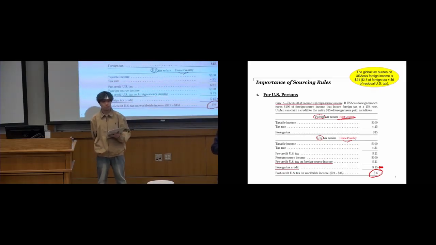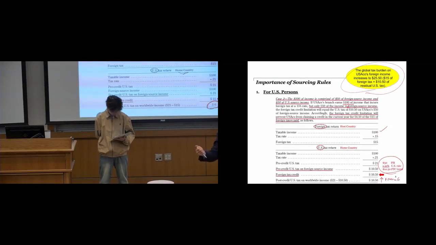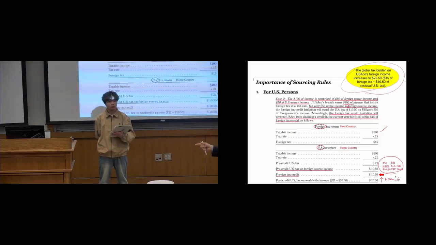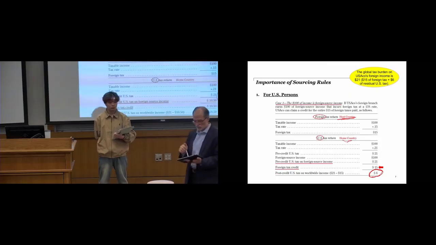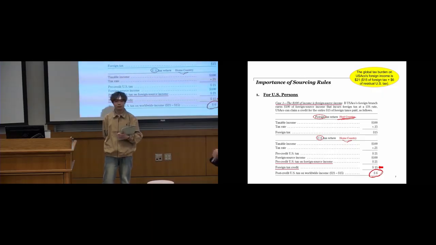So if these were two separate companies, who has the highest effective tax rate? Case 2, they got a 25.5% effective tax rate. This one's got a 20. Case 1 is a 21% effective tax rate. That's an example where the sourcing rules can hurt your ability to claim all of the foreign tax that you paid.